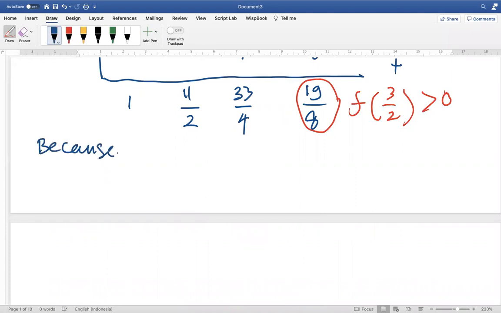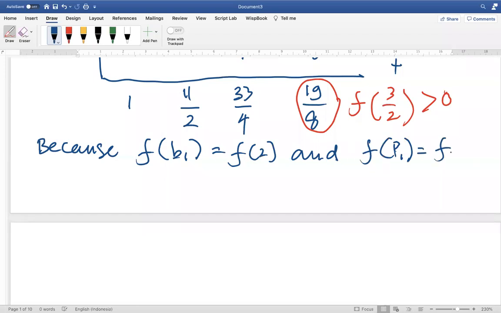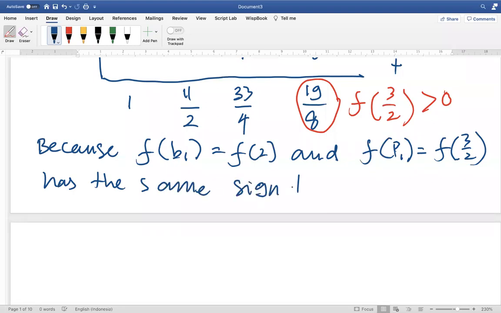Because f(b1), which is f(2), and f(p1), which is f(3/2), have the same sign, then we remove b1. Okay, so that is the first iteration.